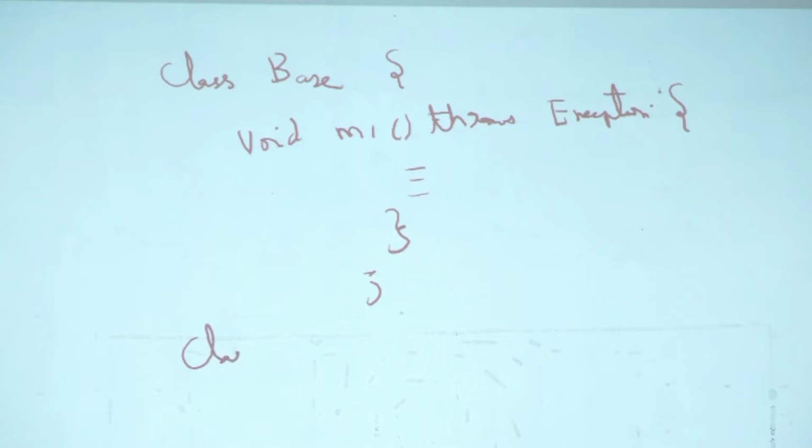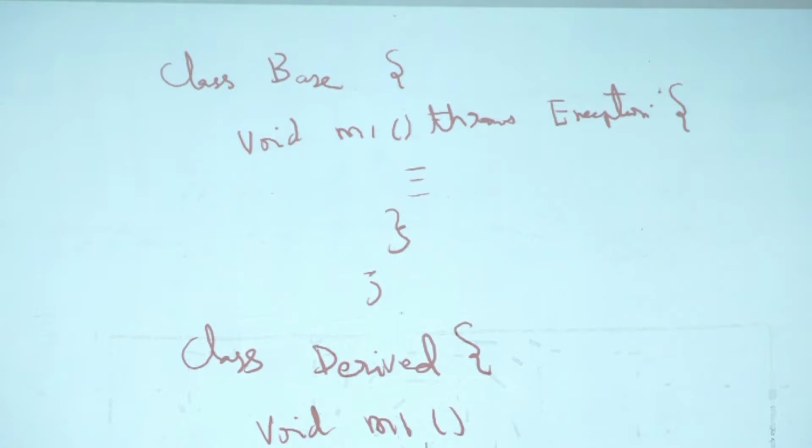Then I have a class Derived. Again, it is overriding the method M1. And it has a body like this. Okay. Now, this will compile.